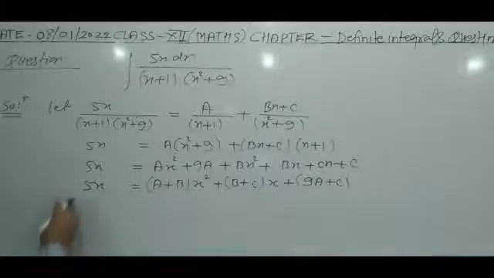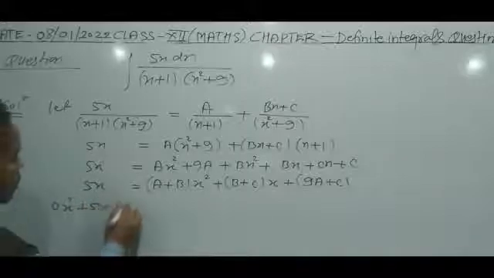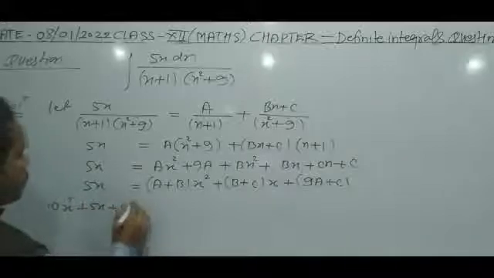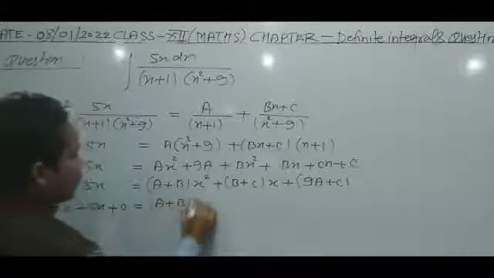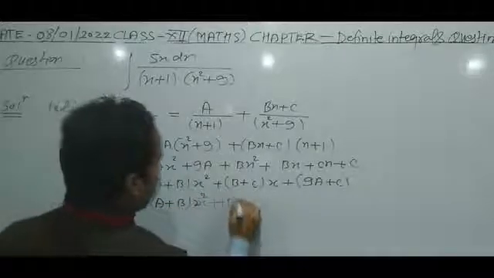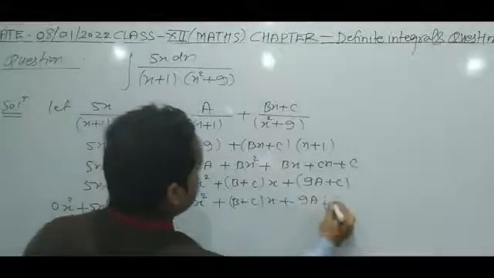Now in this format we can write 0x square plus 5x plus 0 is equal to (a plus b)x square plus (b plus c)x plus 9a plus c.